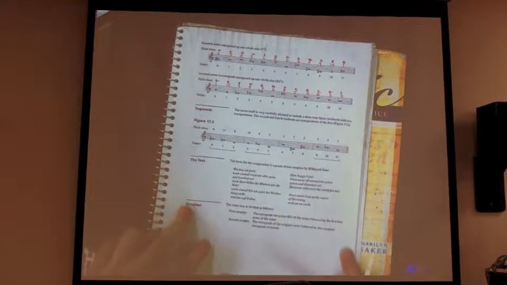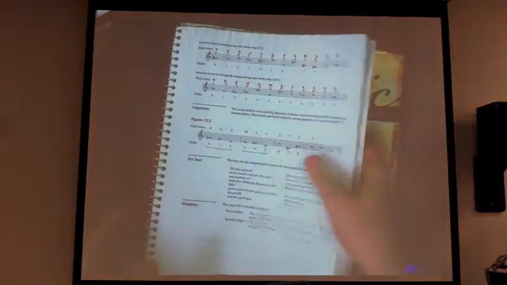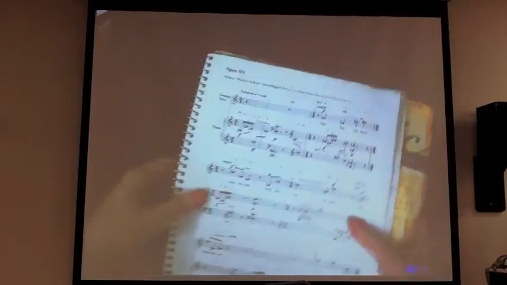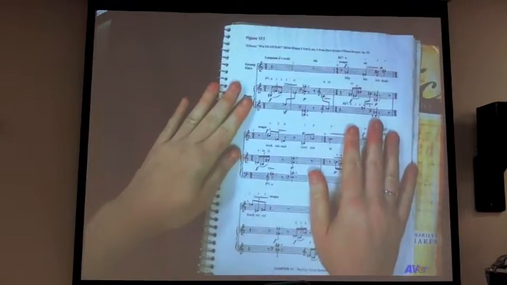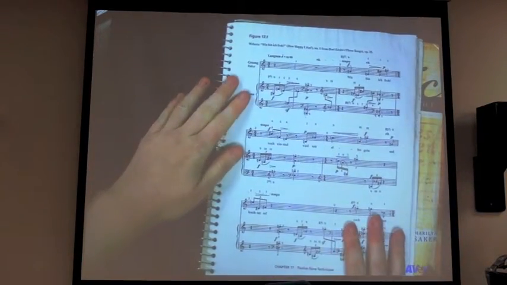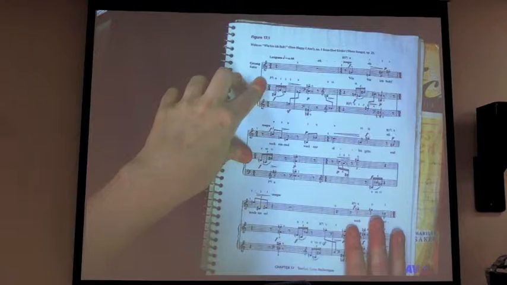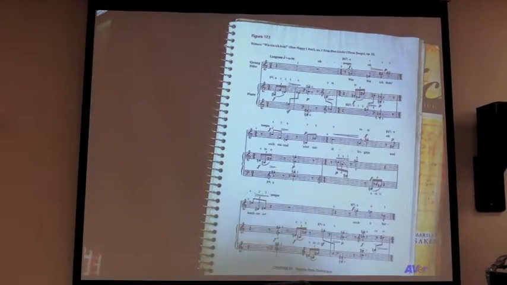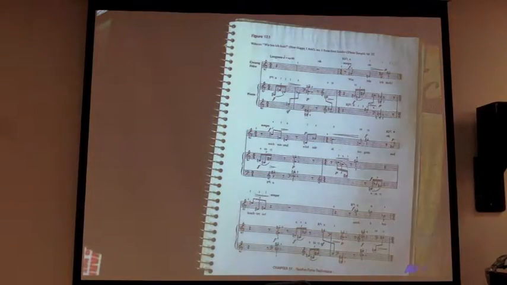All right? So for the rest of the analysis, we're now going to look at the original composition and see what we can find in this analysis. So we're going to be looking for rows. Now, the prime row usually always, the first 12 notes always establish that prime row. So that's always going to be prime.